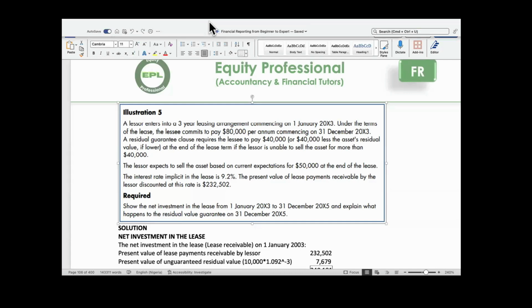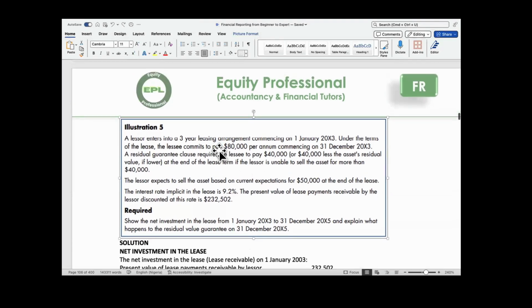Remember that net investment in the lease is calculated at the PV of unpaid lease rentals plus the PV of unguaranteed residual value. And from this question, a lessor enters into a 3-year lease starting from 4th January.